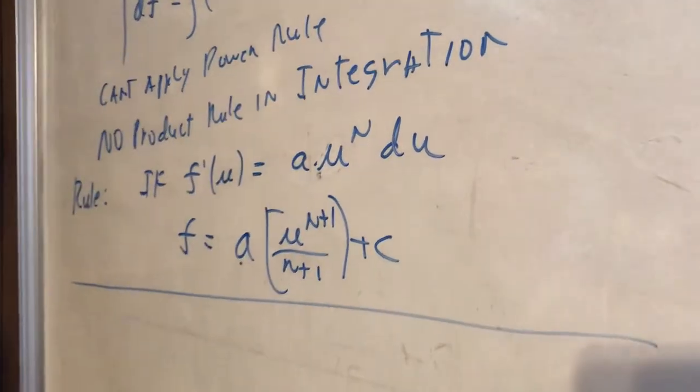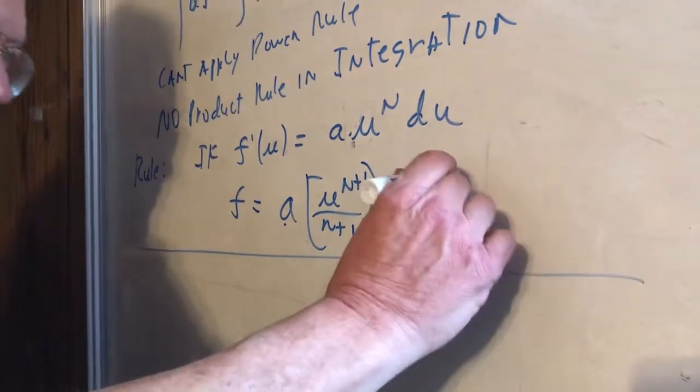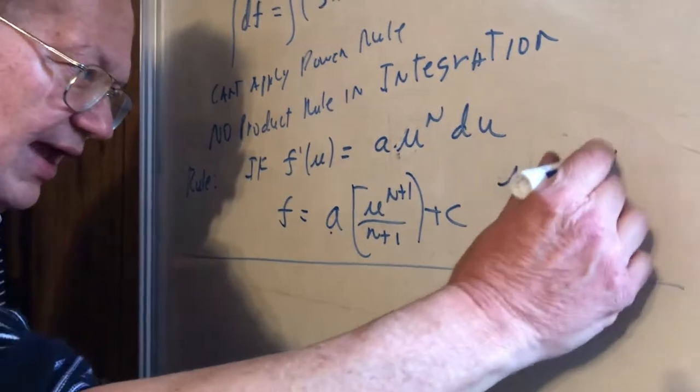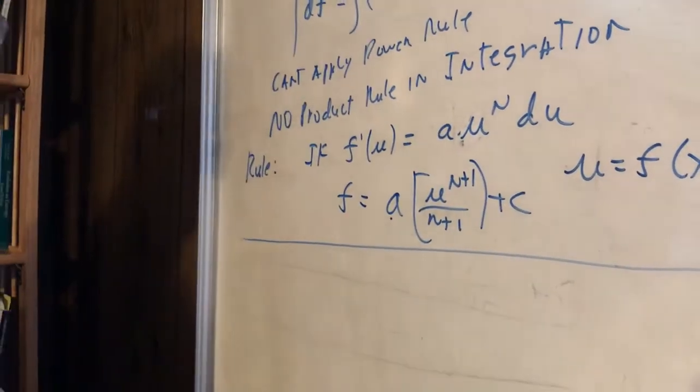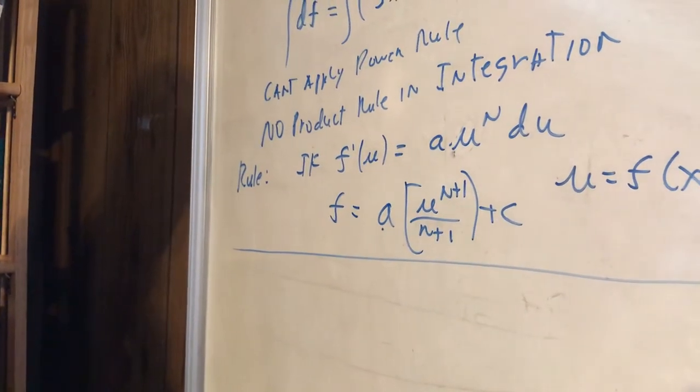Now that looks like the power rule, but in this case, u is a function of x. With some other terms, it could be two functions.